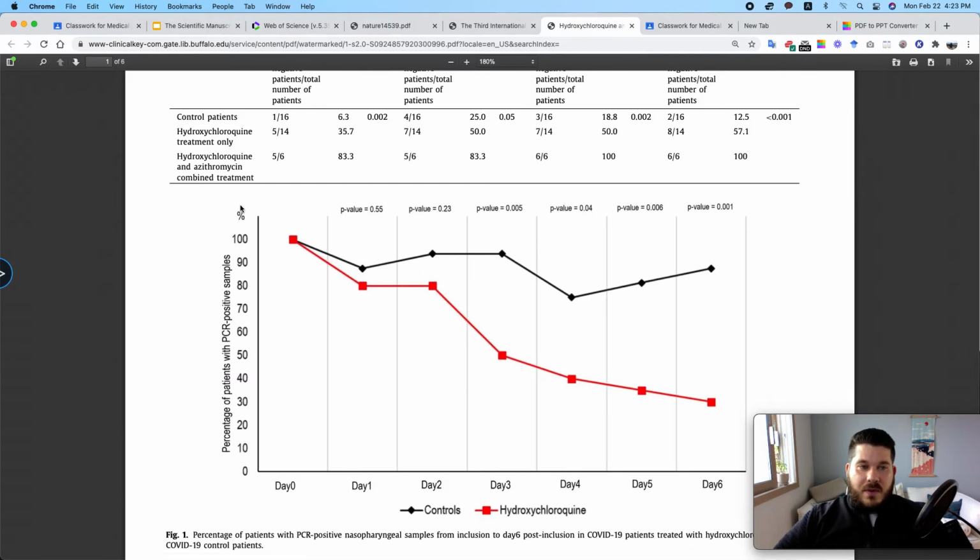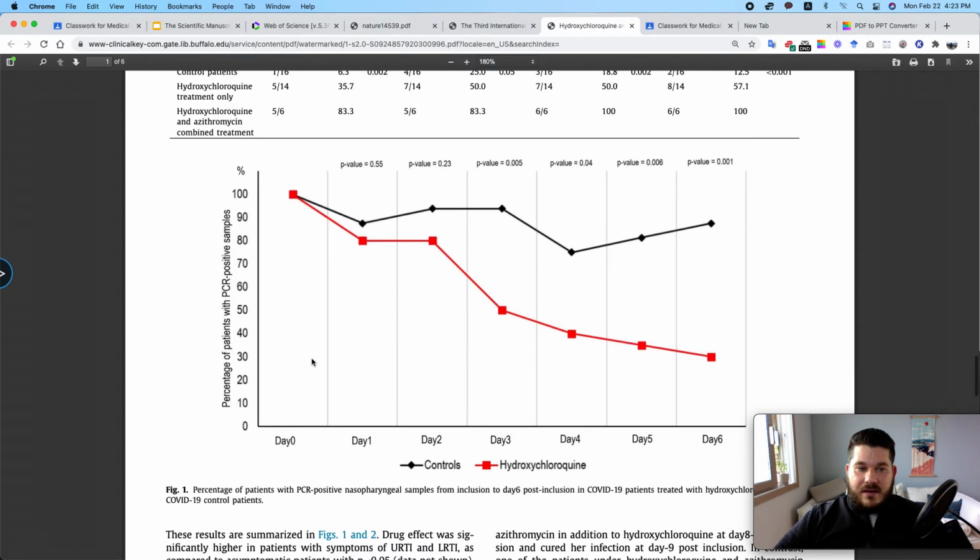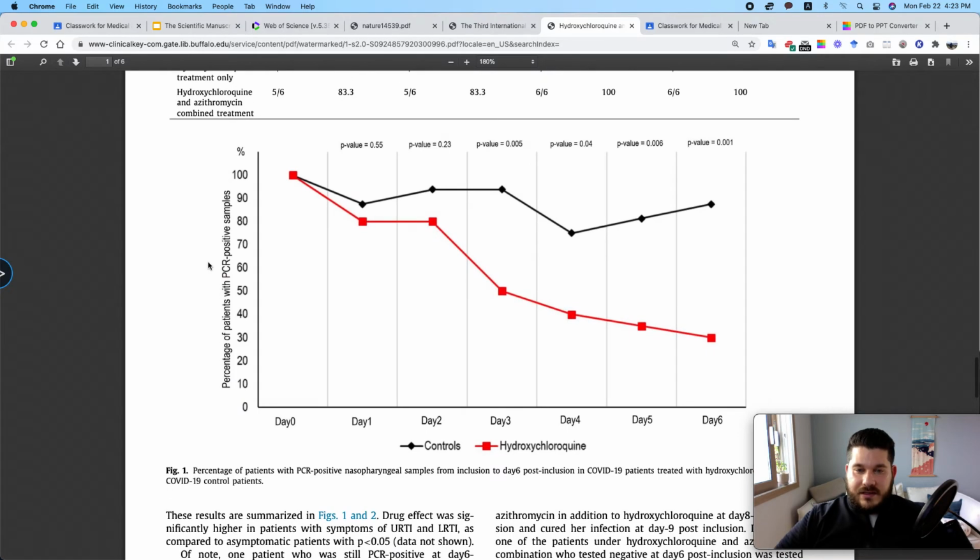They treated patients with hydroxychloroquine only, or hydroxychloroquine and azithromycin combined. Then they measured the percentage of patients with PCR positive samples, basically showing that they still had coronavirus at that time. Not only did they measure this over time, but the p-value changed as well.